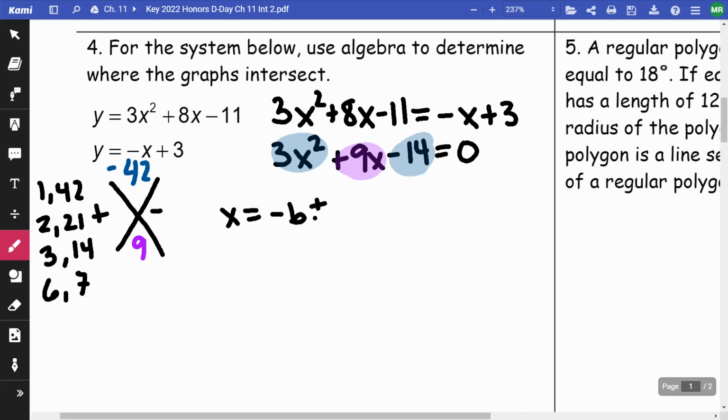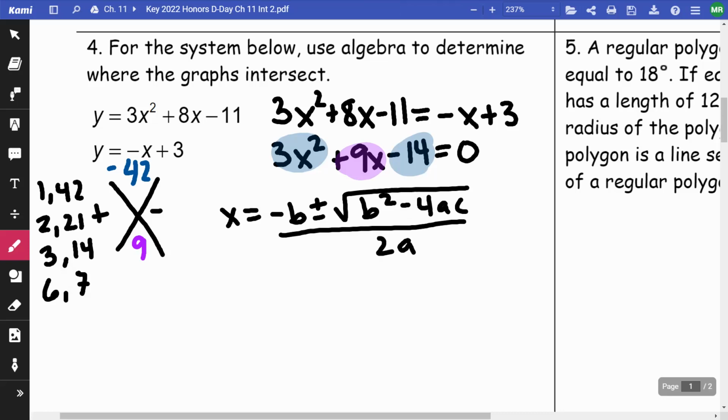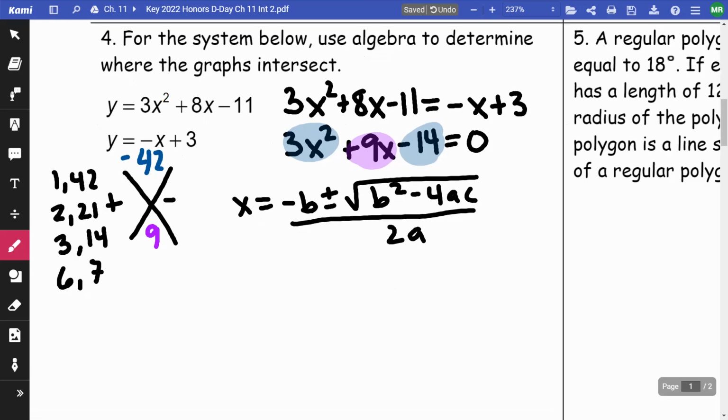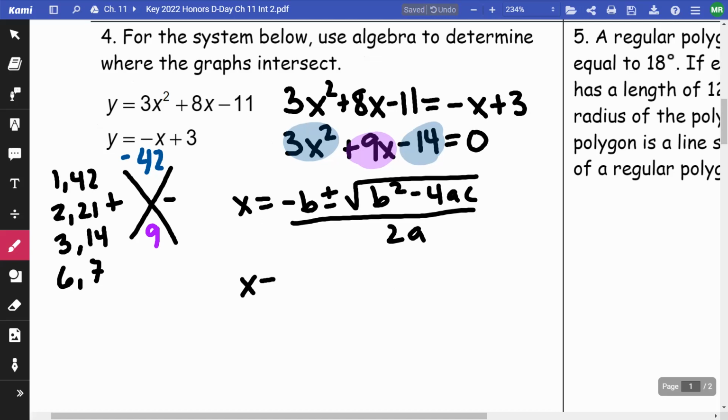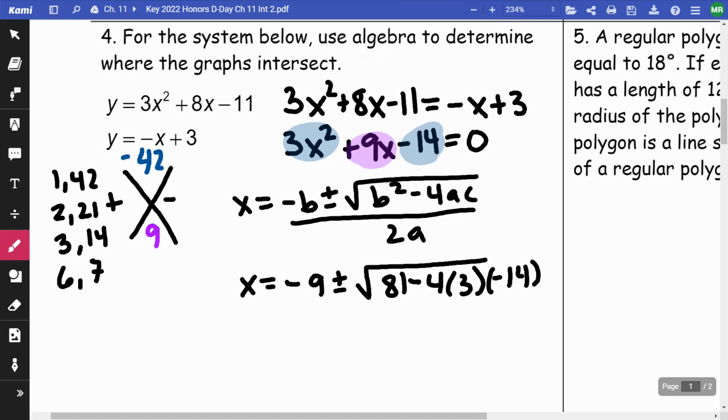Negative b plus or minus the square root of b squared minus 4ac all over 2a. So again, this wasn't factorable, but just because it's not factorable does not mean it's not solvable. So I'm going to put in negative 9 plus or minus the square root of 9 squared, which is 81, minus 4 times my a, which is 3, and my c, which is negative 14.